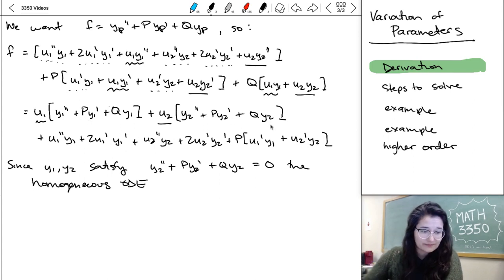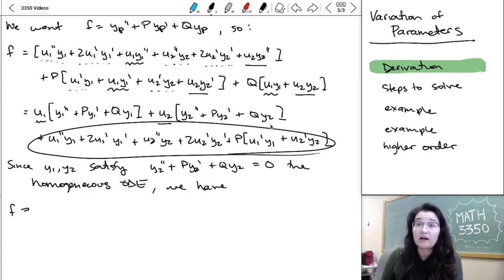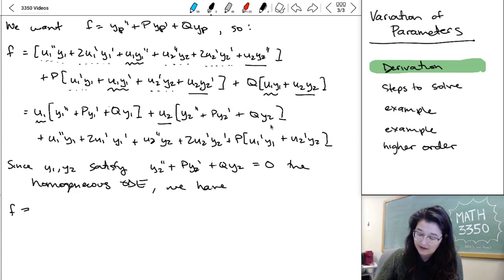Same for y2. So we're actually going to have that f is just equal to all that stuff down here, because those top two terms just become 0.